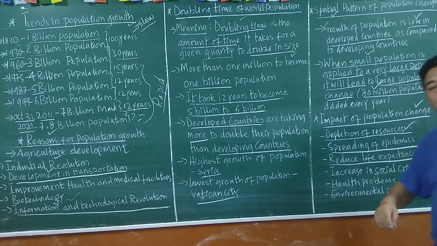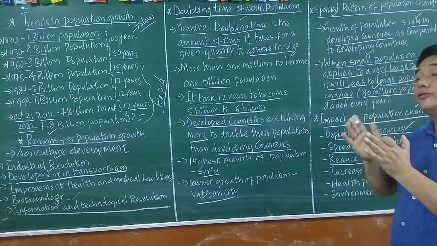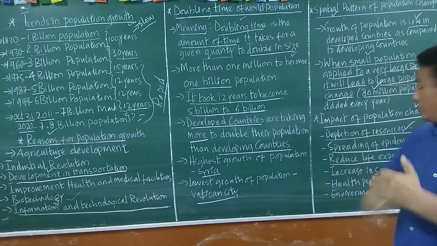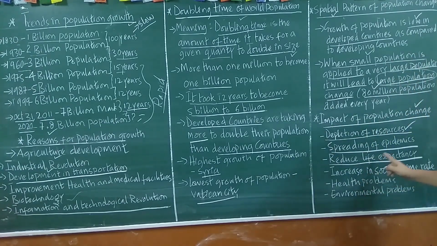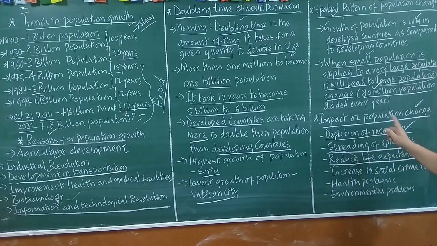It reduces the life expectancy. What is life expectancy? It is how long a person is able to live. It will reduce the life expectancy if the resources are depleted.